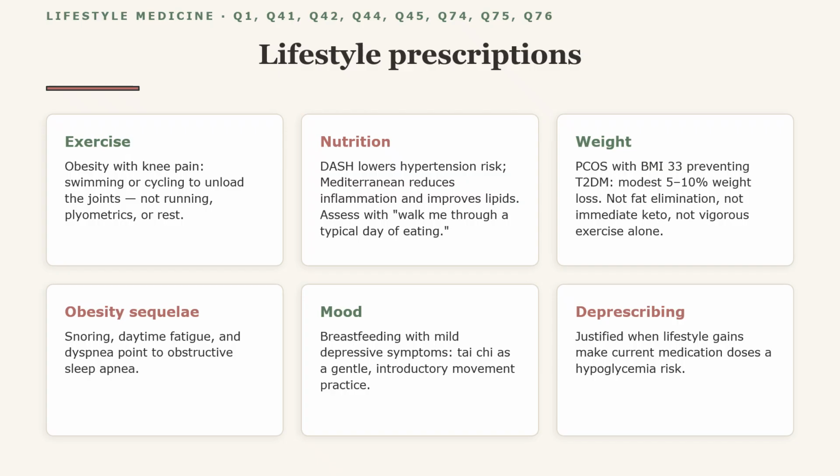The patient has obesity sequelae, so she snores, has daytime fatigue, so she's probably got sleep apnea. The patient's breastfeeding, and she has mild depressive symptoms. She likes Tai Chi, so deprescribing can occur when lifestyle gains make the current medication dose a hypoglycemia risk.